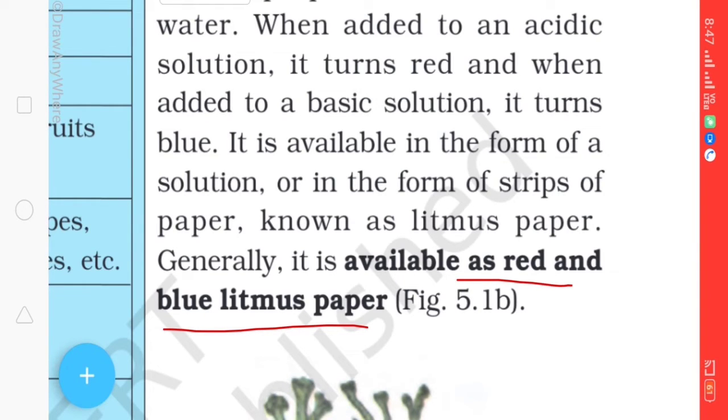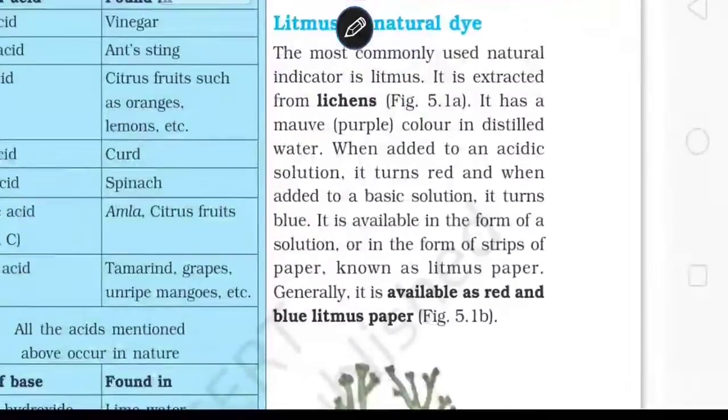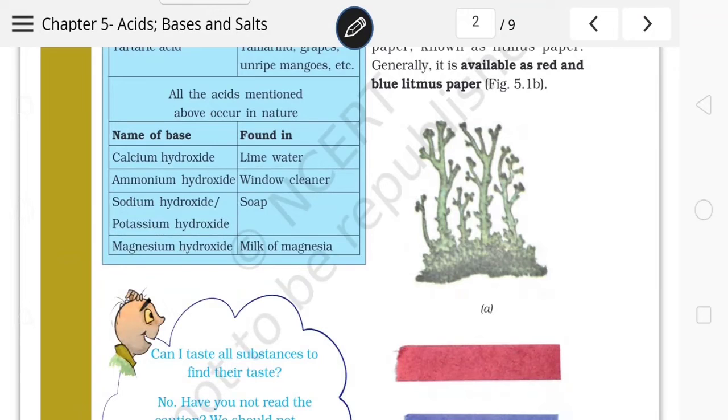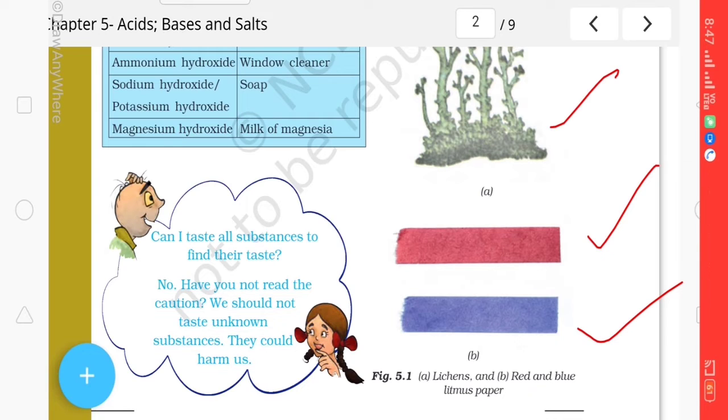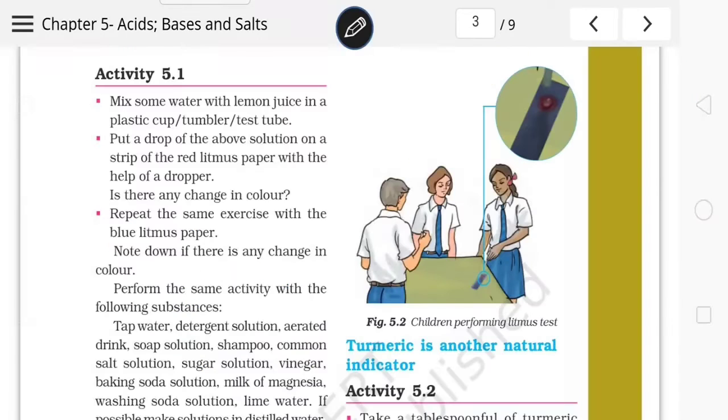So it is available in two forms, solution and litmus paper, and the paper can be red litmus paper or blue litmus paper. You can see in this diagram, this red one is the red litmus paper and this blue one is the blue litmus paper, and this is the diagram of the lichen plant.